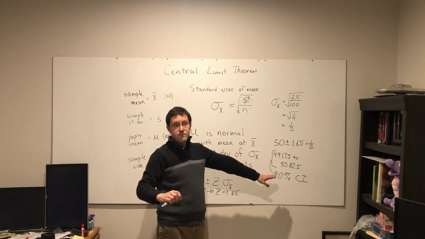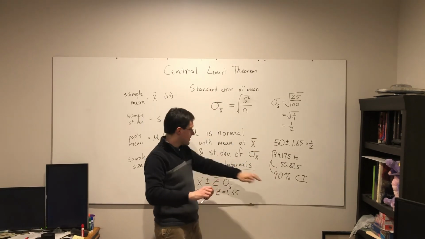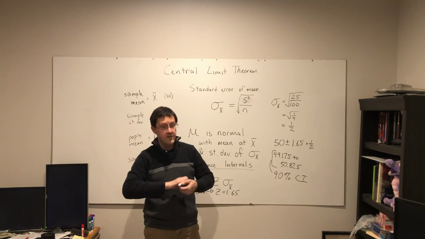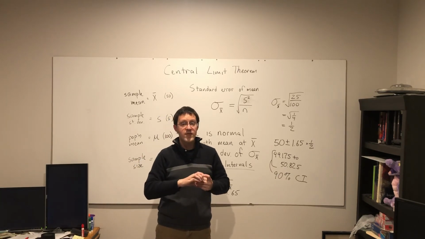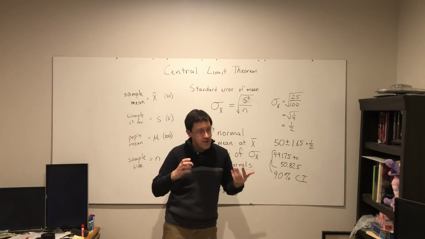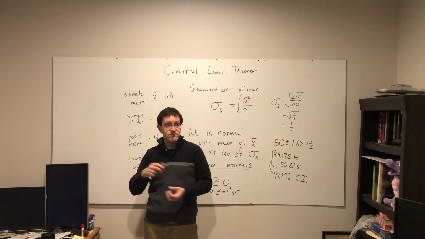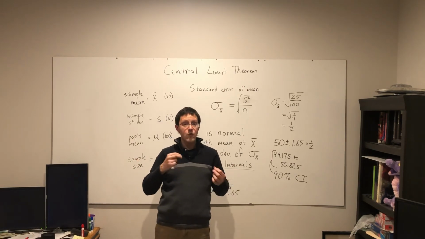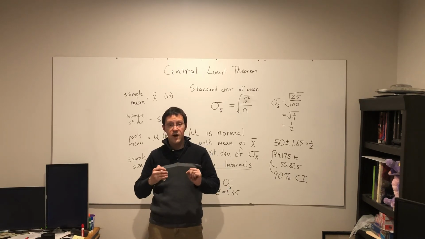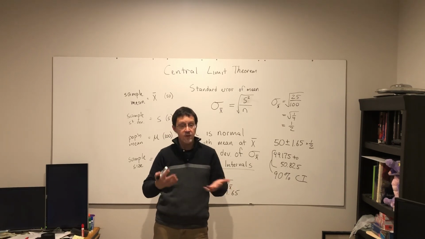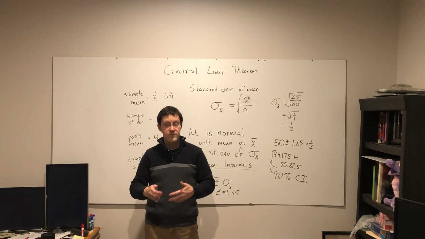So I have, based upon the central limit theorem, a 90% confidence interval within that range. We can then use this to start to gauge how well our understanding of the population is through this sample.